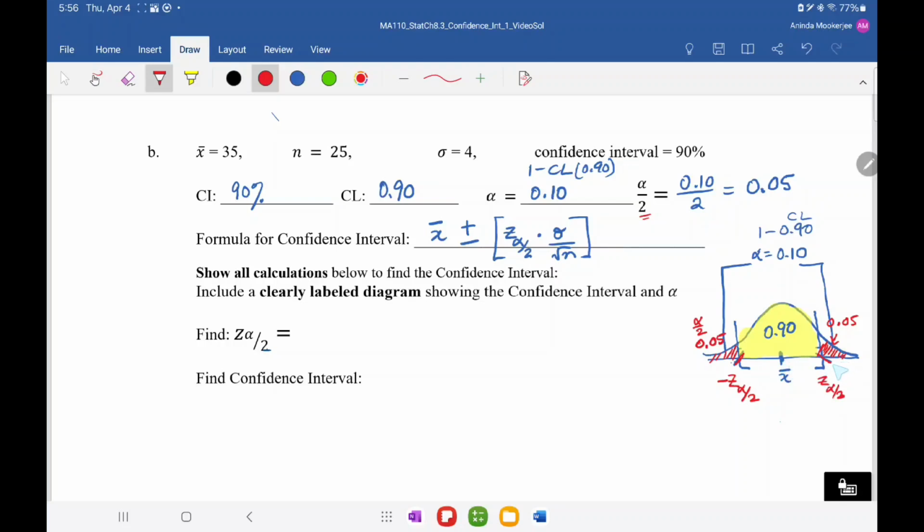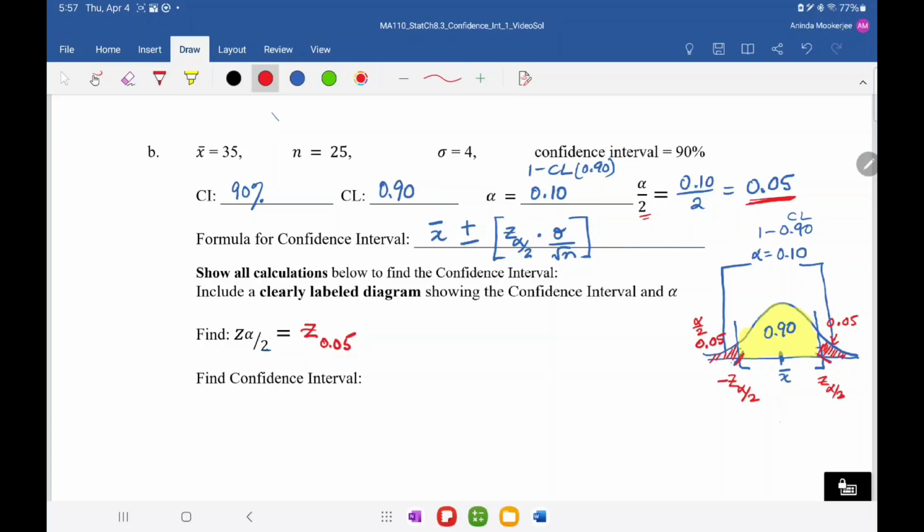Remember that. All right. So on the left hand side, it'll be negative z of alpha by 2. On the right hand side, it'll be the same value, but it'll be a positive value. All right. So it says find z of alpha by 2. We know alpha by 2 is 0.05. So that means we are looking for z of 0.05.